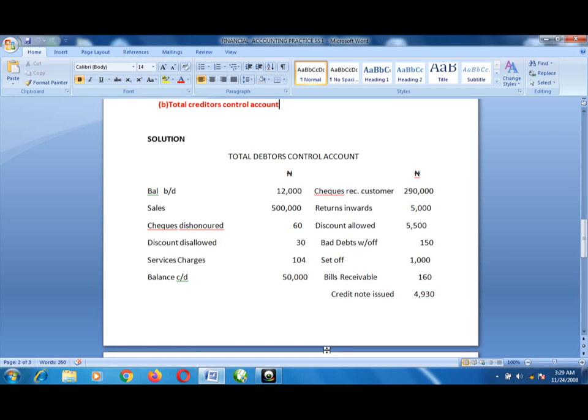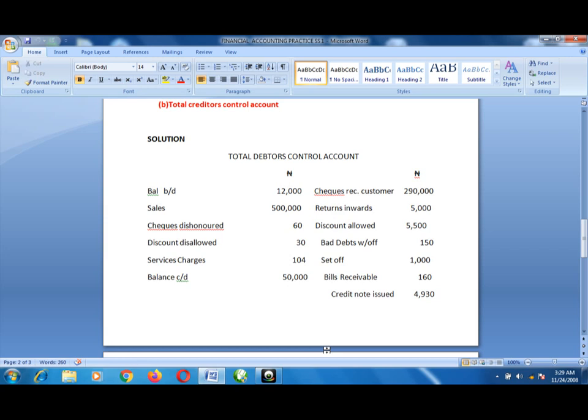The sales ledger balance will be the opening balance, because January is the first day of the month or the first day of the year, and the opening balance must be on the debit side of the debtors control account. That's why you have 12,000 on the debit side.